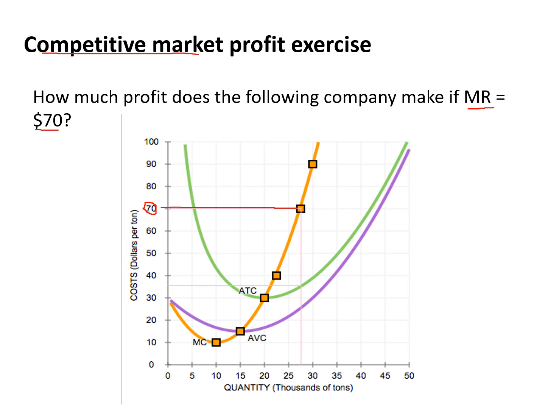So it is this horizontal line here. No matter what the quantity is produced, the marginal revenue stays at $70. It's just a market price for a particular unit. So your question is to determine how much profit the firm makes.